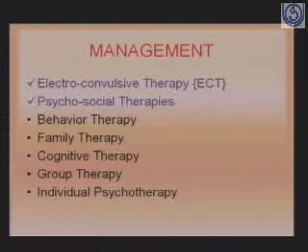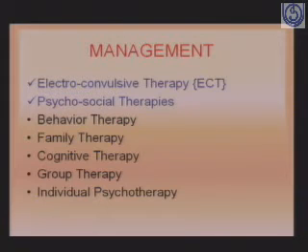And what is the role of psychosocial therapies in the management of schizophrenia? And what are the types of therapies? Okay. After drugs and ECT, psychosocial therapies also play an important part. There is a variety of psychosocial therapies in which the skillful nurse interacts with the patient to modify the behavior of the patient and to reduce the symptoms.